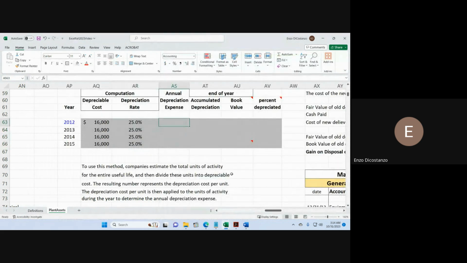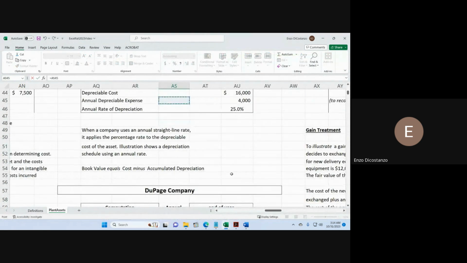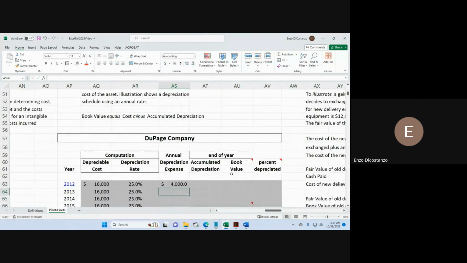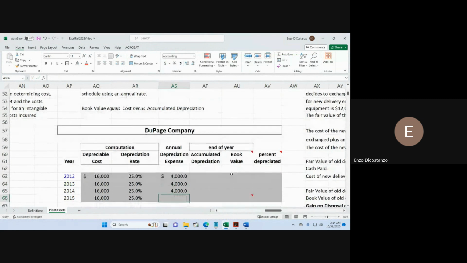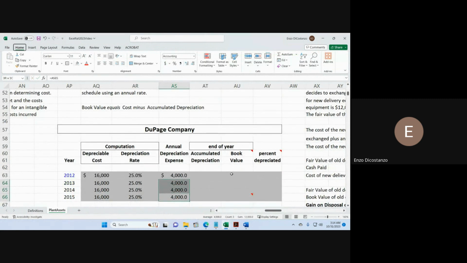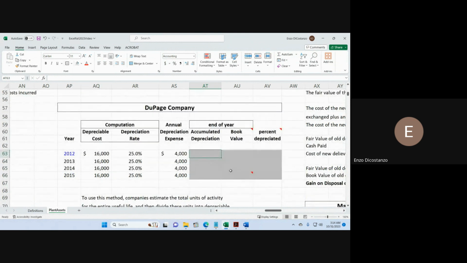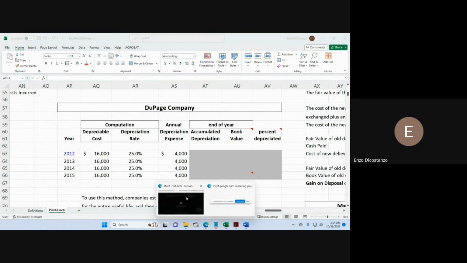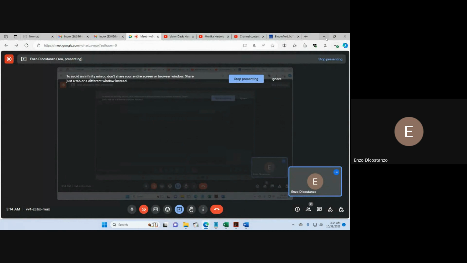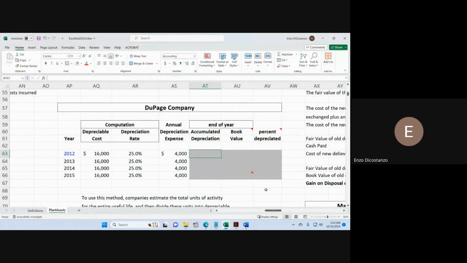And the expense is simply that 4,000. Hopefully that's all a good recollection from our previous exercises doing this.